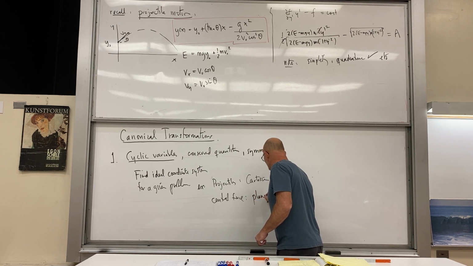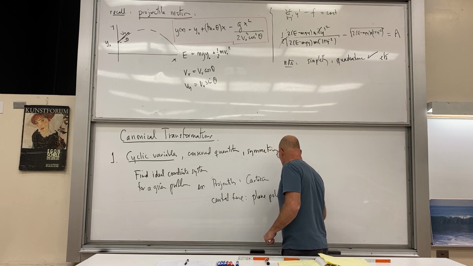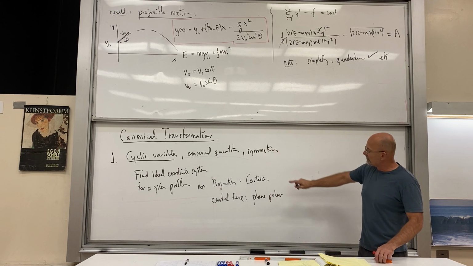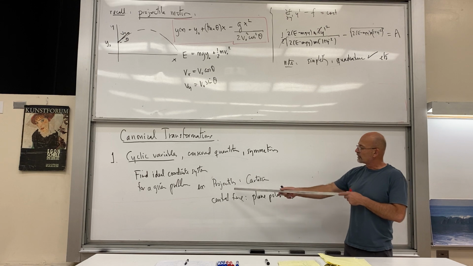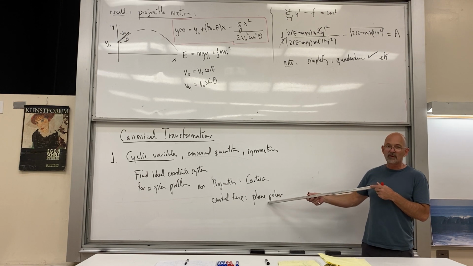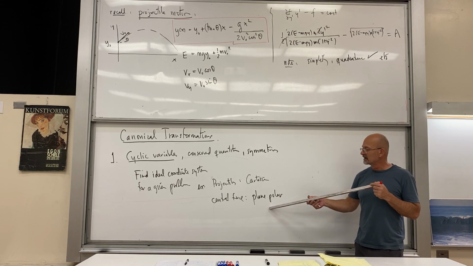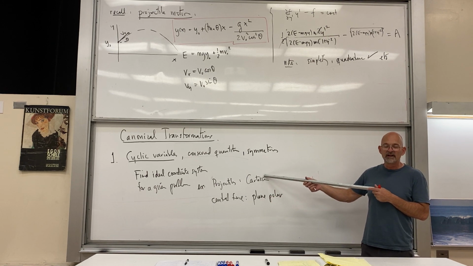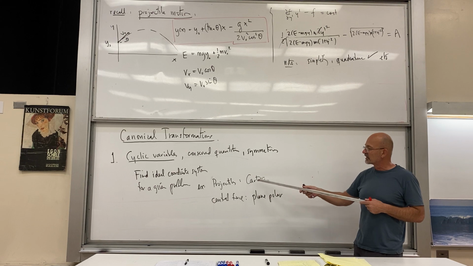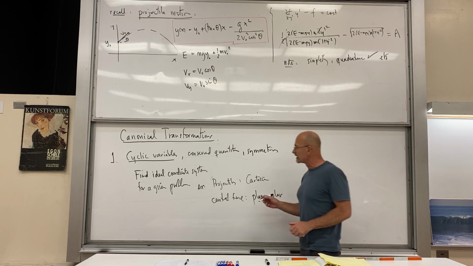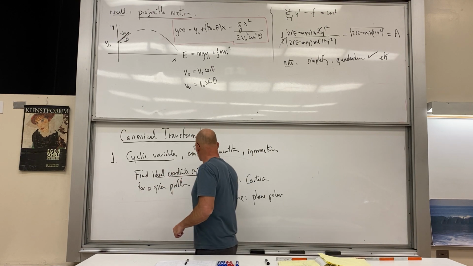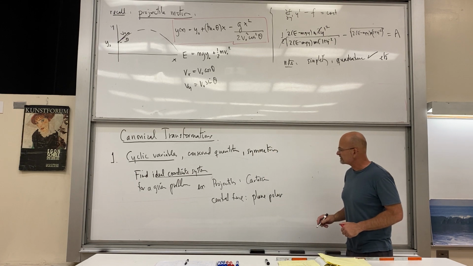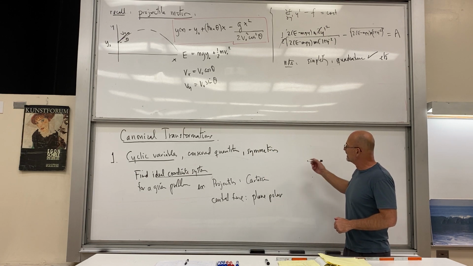I may have done this before, I think I did. But if you were to reverse this, if you try to set up your projectile motion problem in plane polar coordinates, you're not going to be happy. And if you try to set up the central force problem in Cartesian coordinates, you're not going to be able to solve it either. So the proper coordinate system is very important. So that's the first thing.